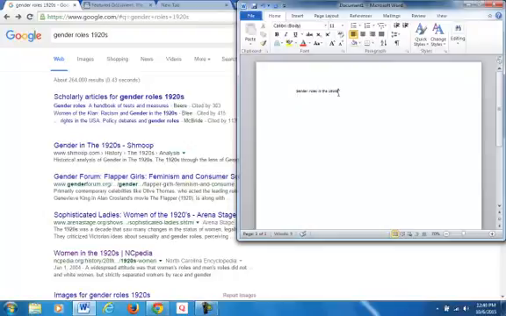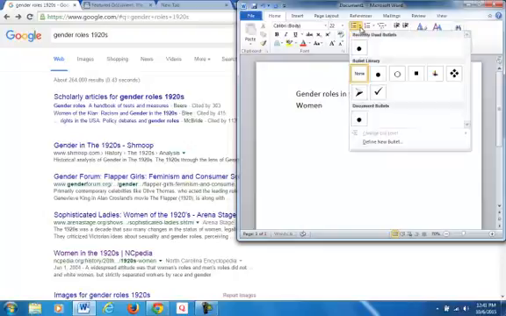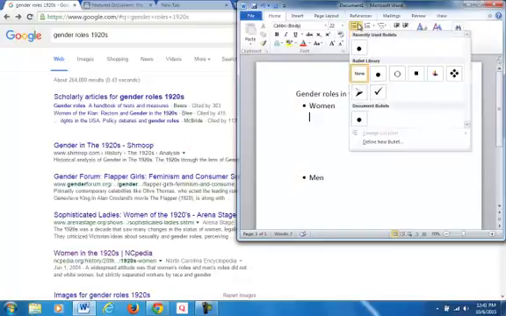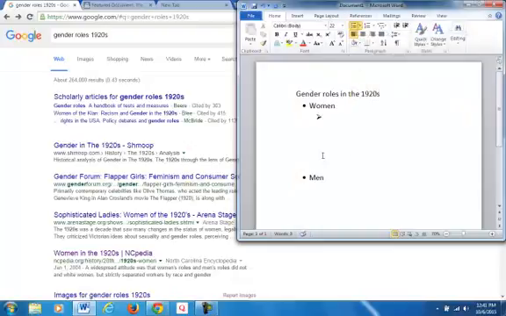Then what I'm gonna do, because it's not only gender roles for the women, it's gonna be for the men too, so I'll probably make subcategories. Then under my subcategories, I'm gonna use different bullet points.